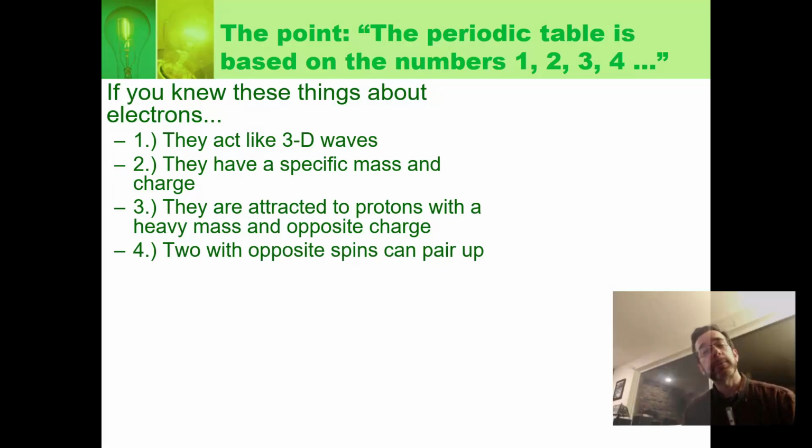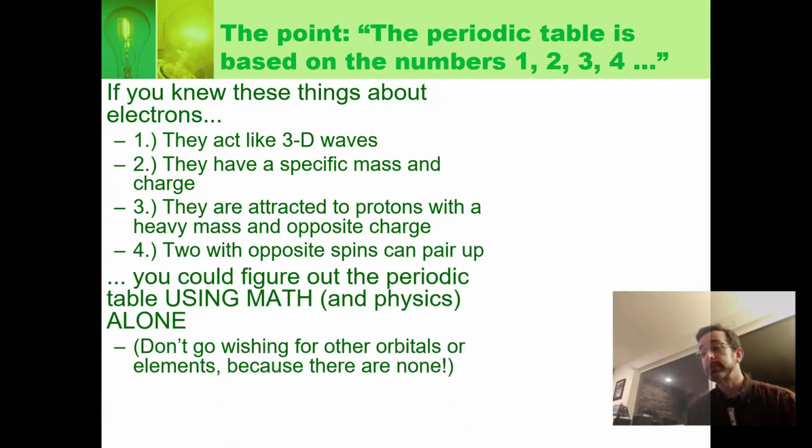If you knew those 4 things, you could actually work out a periodic table from just those 4 conditions. You could figure out the periodic table using math and physics alone. In other words, don't go wishing for half orbitals. Of course, you can hybridize, but that's another thing entirely. Don't go wishing for new elements like Iron Man has. There's none. We have to deal with the elements that we have.